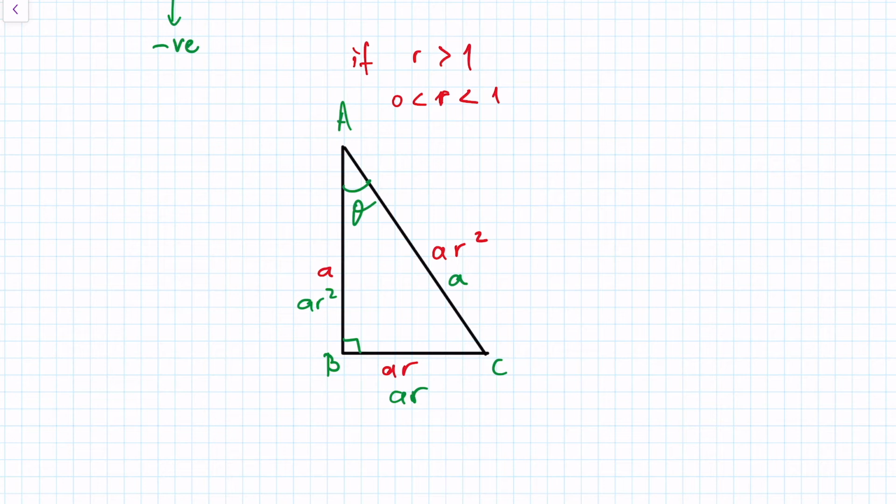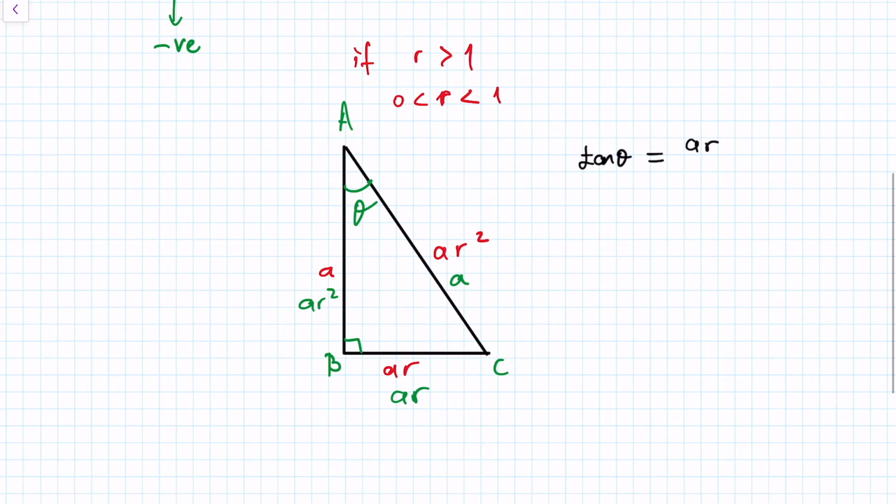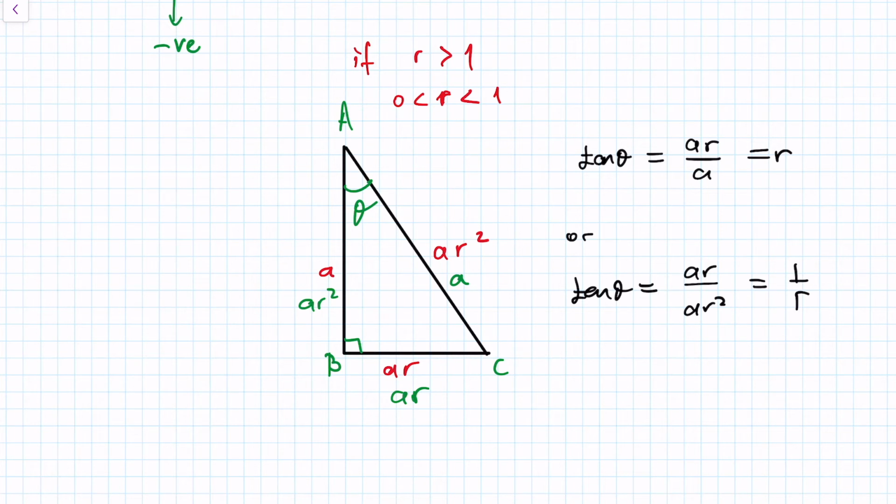But if we simply look at tan theta, tan theta will equal opposite, looking at the red writing, over A, that gives us R. Or tan theta is equal to, again, this time looking at the green, AR divided by AR squared, that's 1 over R. If you construct the same triangle for R greater than 1, or R between 0 and 1, or swap the lengths of the sides, you will always get tan theta to be R, or 1 over R. So these are the only two cases that we need to consider, okay?